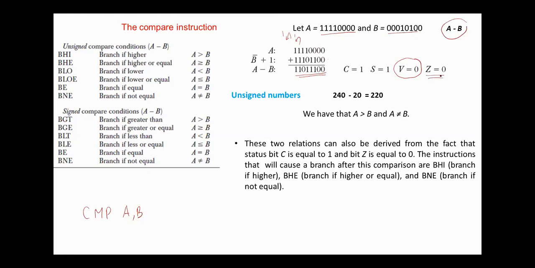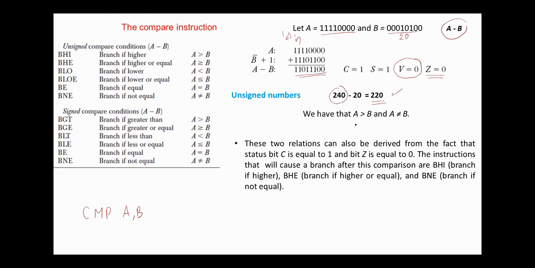If we consider these numbers as unsigned numbers, A equals 240 and B equals 20. So the operation performed is 240 minus 20, which is 220, and everything is okay.